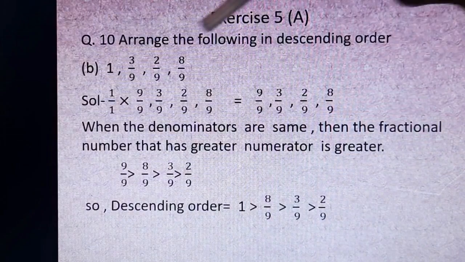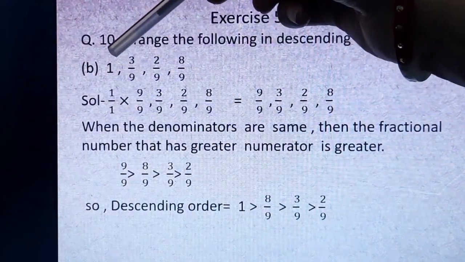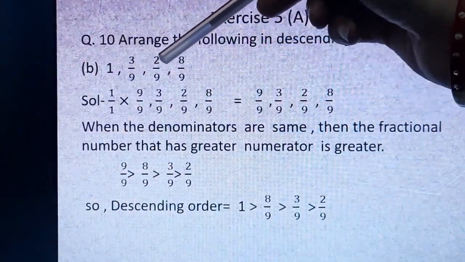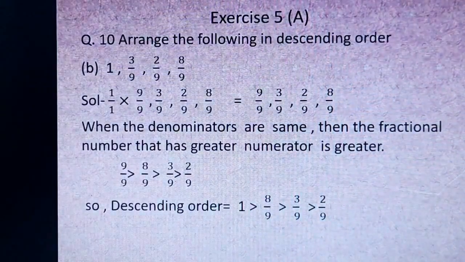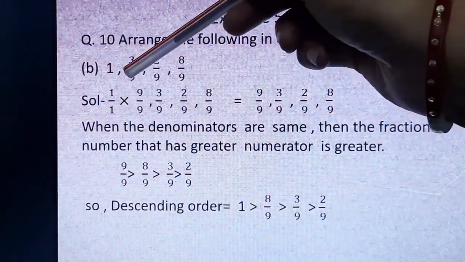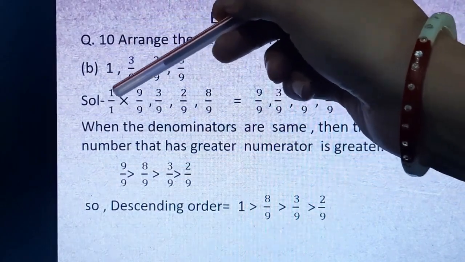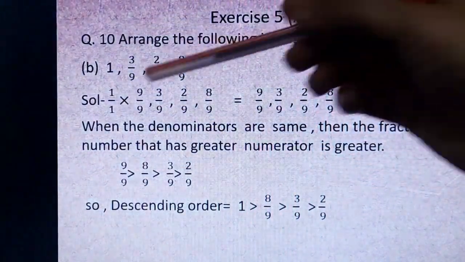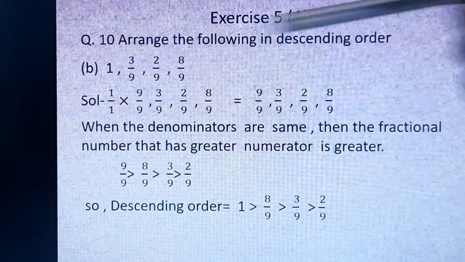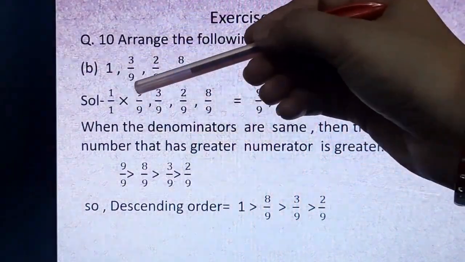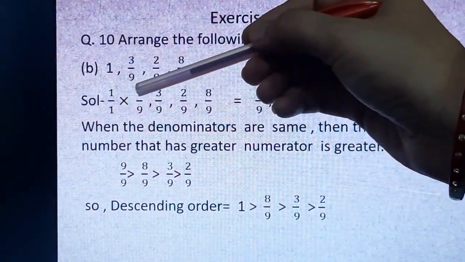Now question number 10, B part. The terms are 1, 3 upon 9, 2 upon 9, 8 upon 9. Now denominators are 9, 9, 9 and here it is 1. So 1 can be written as 1 upon 1. We are multiplying it with 9 upon 9. We are multiplying with the same digit.